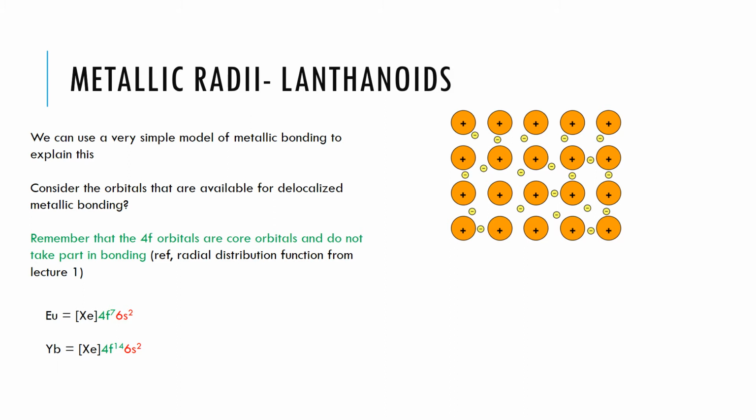If you look back at the radial distribution functions, you'll see that they sit quite close to the nucleus, they're core orbitals, and they don't like to get involved in bonding. So the only orbitals that europium and ytterbium have available for bonding are the 6s orbitals, in which they have 2 electrons apiece. So those 2 electrons within the 6s orbital are available for this delocalized metallic bonding.